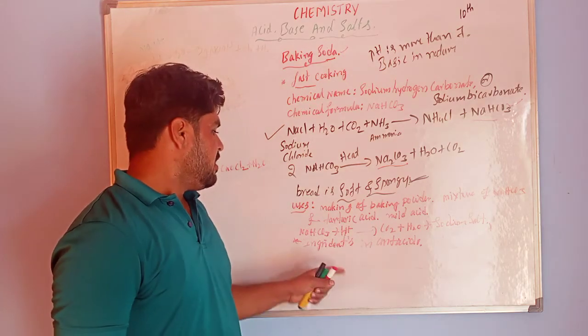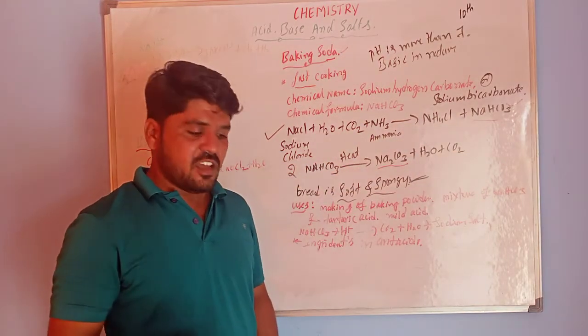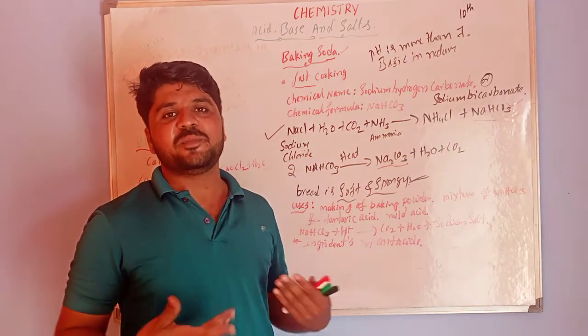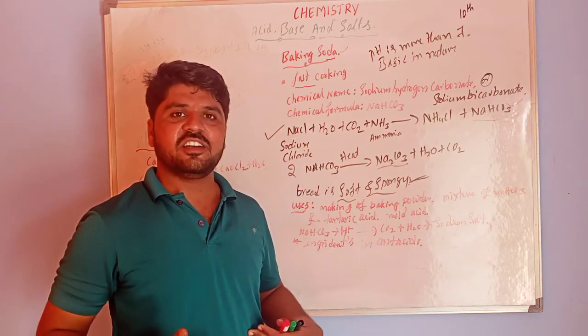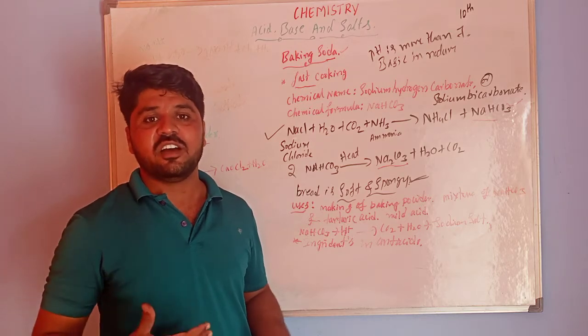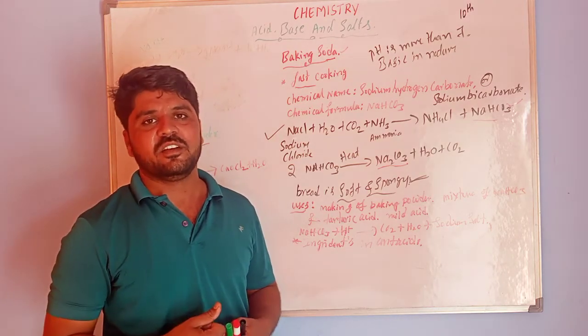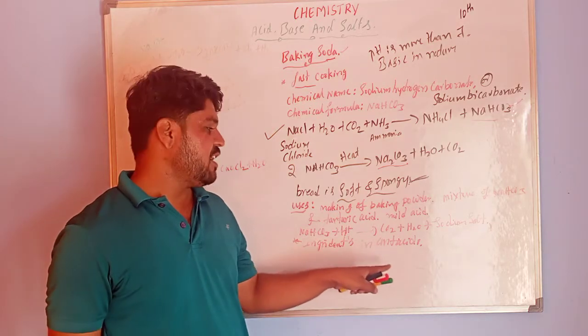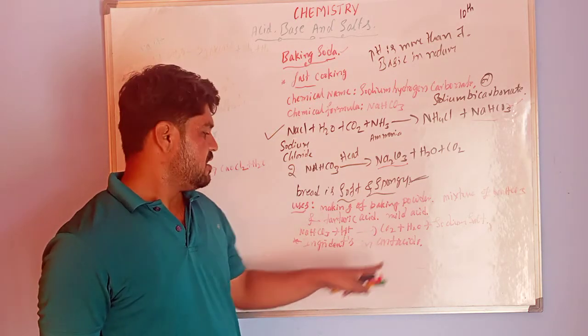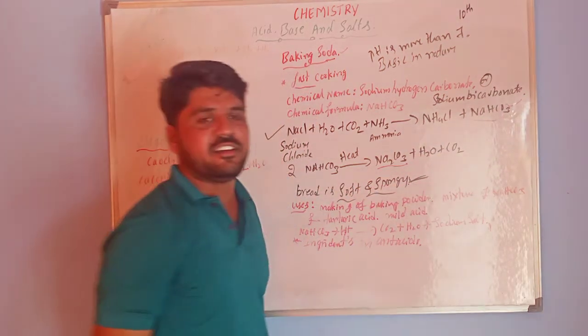That means this NaOH is basic in nature. In our stomach, HCl is produced. The concentration or the quantity of the HCl is more in our stomach. It gives pain or irritation to us. At the time of acidity, we have to use antacids, like sodium bicarbonate.